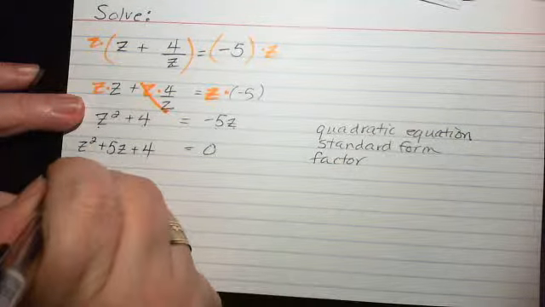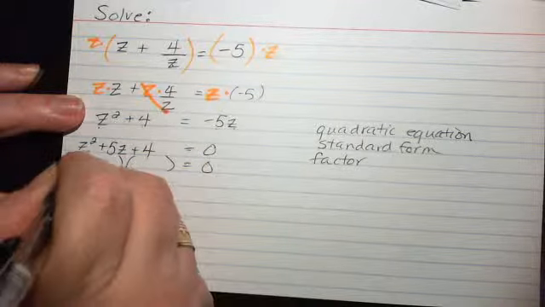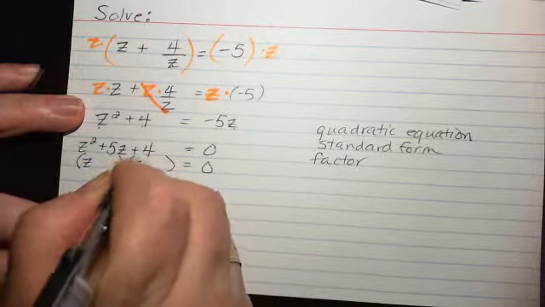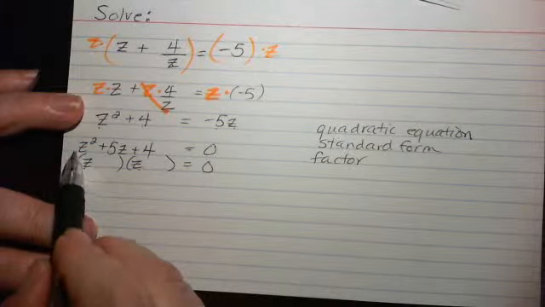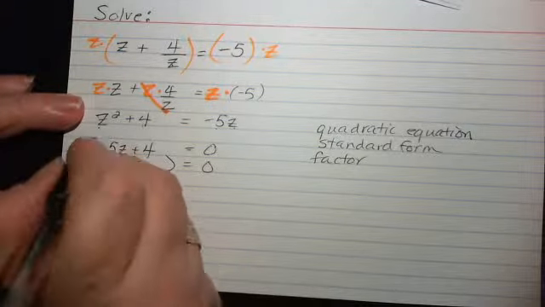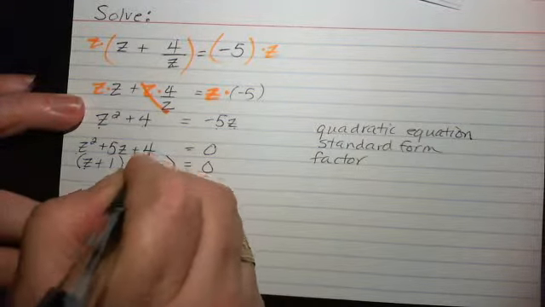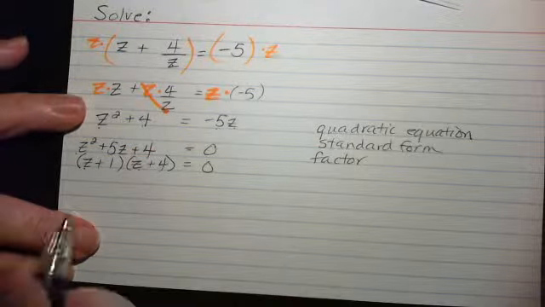In order to factor this, it's the kind that we can probably do without a table because the leading coefficient is 1. So z times z for z squared, do we have numbers that will multiply for 4 and add for 5? Yes, we do. Plus 1 plus 4 multiplies for 4 and adds for 5z in the middle.